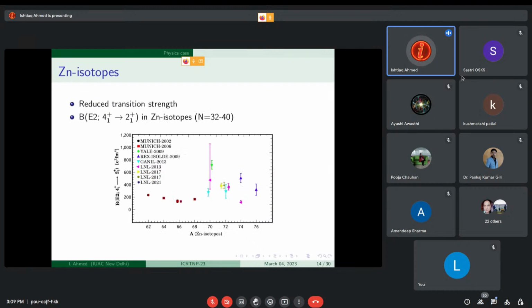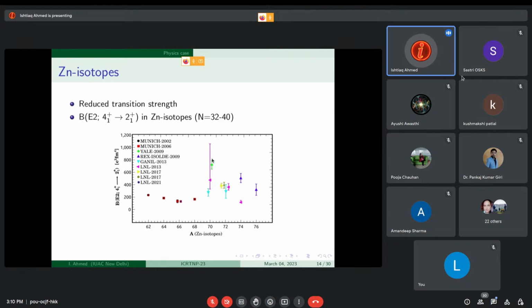Now you also look at the reduced transition strength for the zinc isotopes. These are the measurements from different laboratories around the world for the reduced transition strength from the first 4 plus state to the first 2 plus state for the zinc isotopes: from Munich, from the ISOLDE facility, from GANIL, and from the LNL Italy facility.